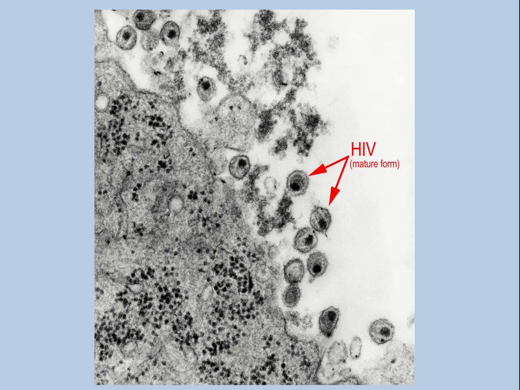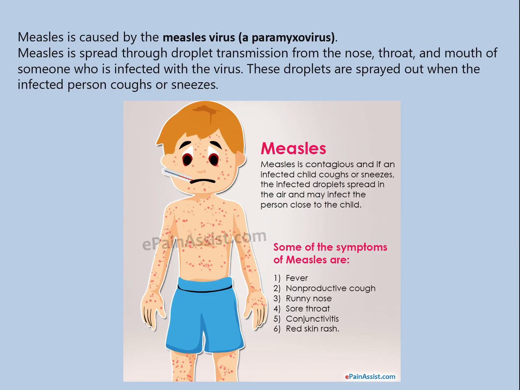Here's a very famous virus that you would have heard of, so HIV. That obviously attacks and affects the immune system. Another one here is measles, very contagious, something that I had as a child. You probably don't hear of it anymore because you guys have had MMR, I would imagine, measles, mumps and rubella.